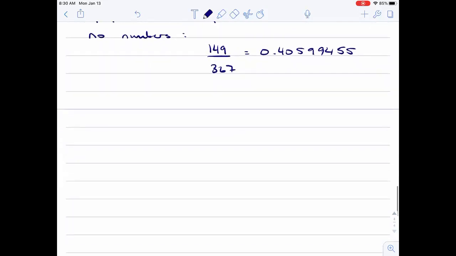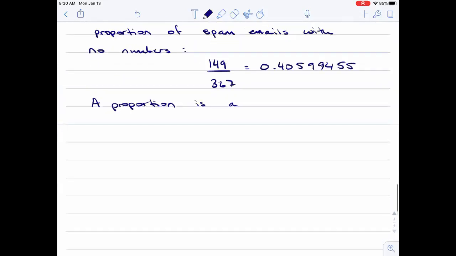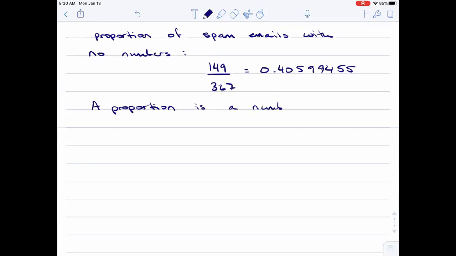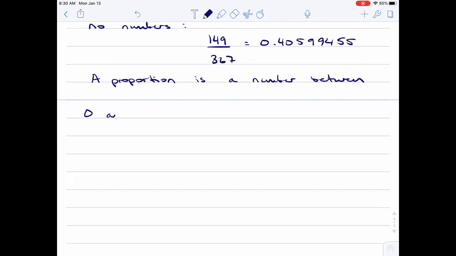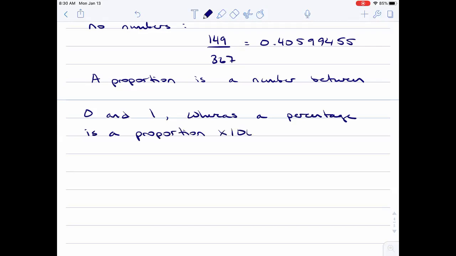And so a proportion is a number between 0 and 1, whereas a percentage is a proportion times 100%.